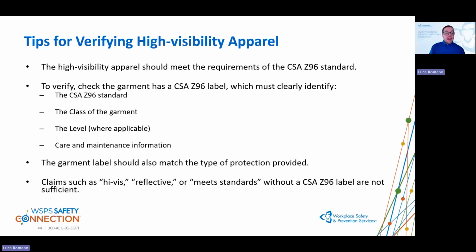There also needs to be care and maintenance information provided on the apparel itself. And again, you should be cross-referencing. Any individual claims of it being high vis, reflective, or meeting standards without reference to the CSA standard or documentation to prove these claims should be red flags for the most part.